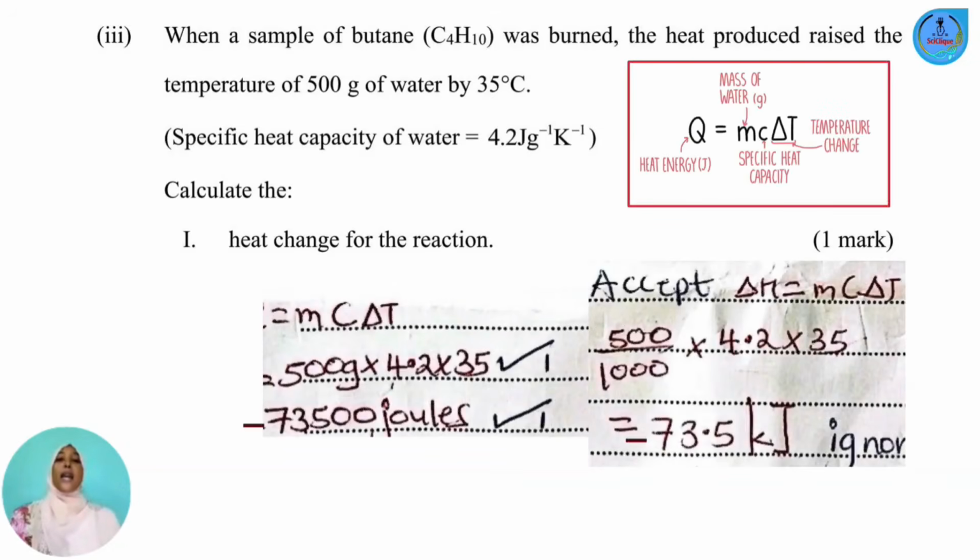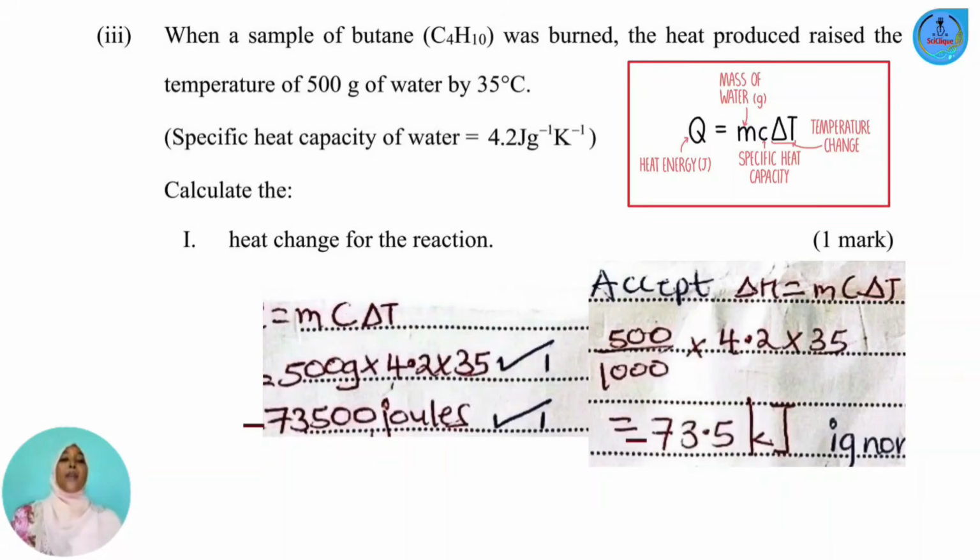Okay. Now, for us to calculate the heat change, we are going to use the following formula. Mass, the M refers to the mass of water, which in this case is 500 grams, right? Multiplied by the specific heat capacity, which is 4.2, multiplied by the change in temperature, which is 35.